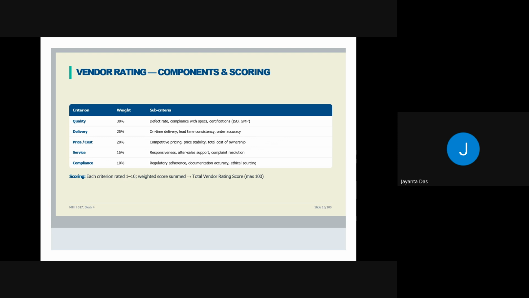Then delivery, which is given 25% of the score, covering whether on-time delivery is there or not, lead time consistency, and order accuracy. Similarly, 20% is given for price or cost, that is competitive pricing, price stability, and total cost of ownership.